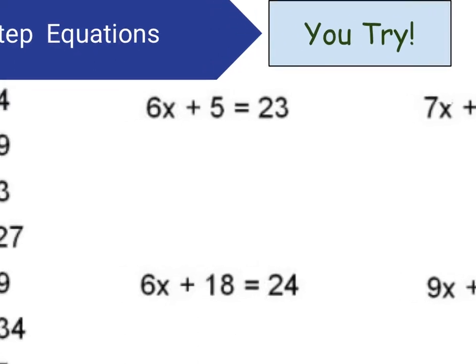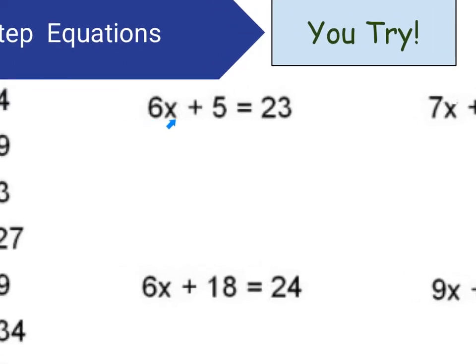What I typically have kids do is say x is being multiplied and then added. A lot of kids will write multiplication and addition and then put an arrow going backwards to show what they need to undo. Undo addition with subtraction. Subtract 5 from both sides, and you get 6x equals 18.